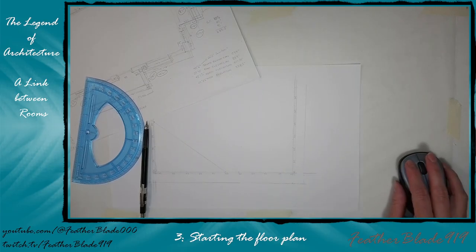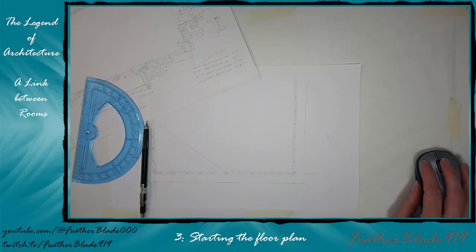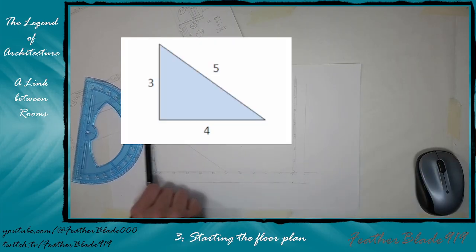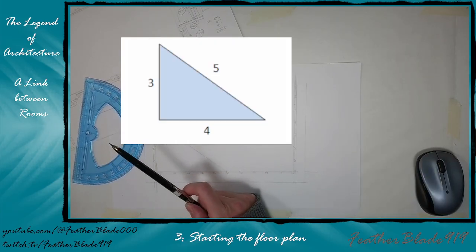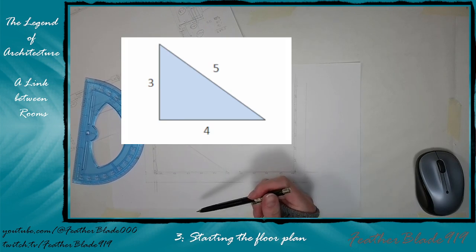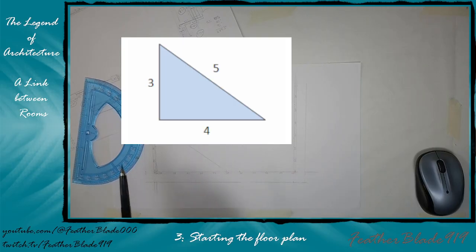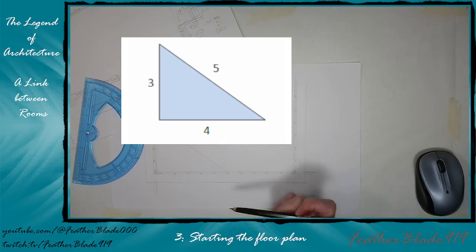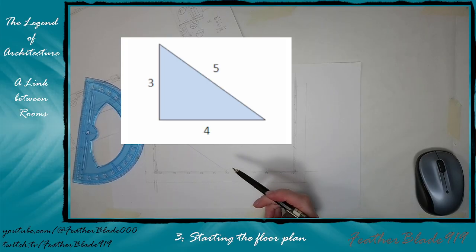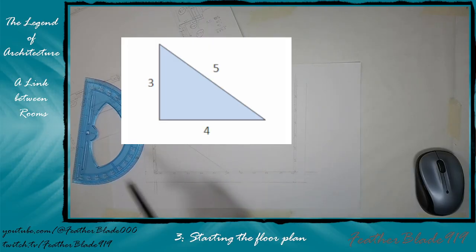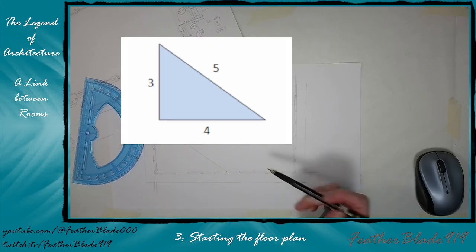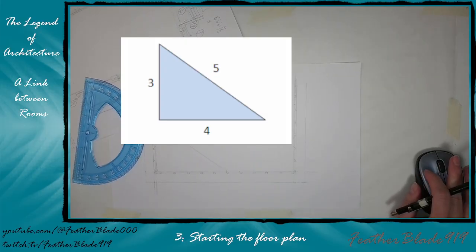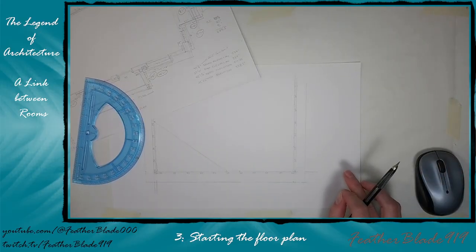For example, you could measure a 6, 8, 10 triangle, each side of the triangle being multiplied by 2, or a 9, 12, 15 triangle, each side of the triangle being multiplied by 3, or a 1.5, 2, 2.5 triangle, each side being multiplied by 1/2. In any case, if the hypotenuse is not the appropriate multiple of 5 units, your corner is not square.